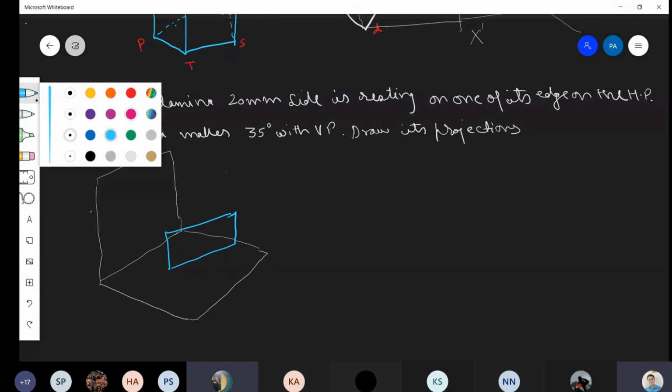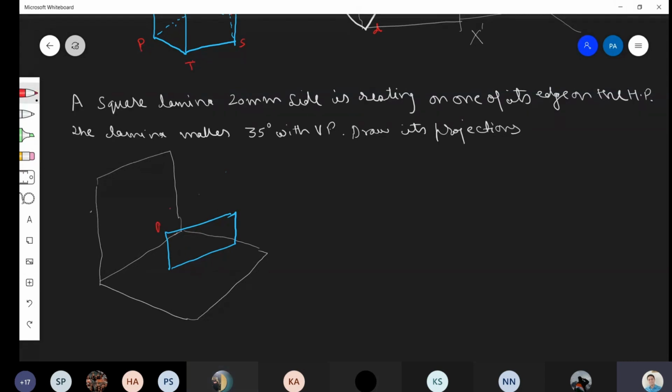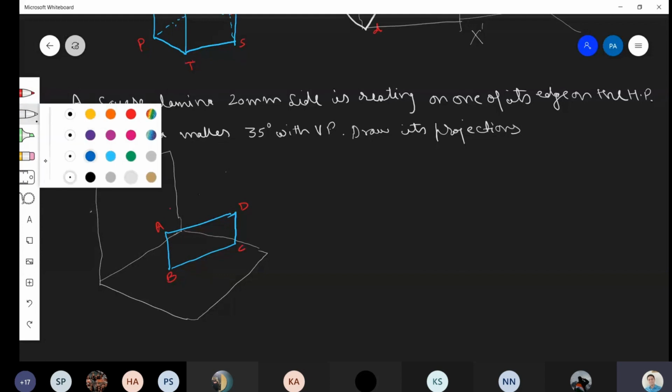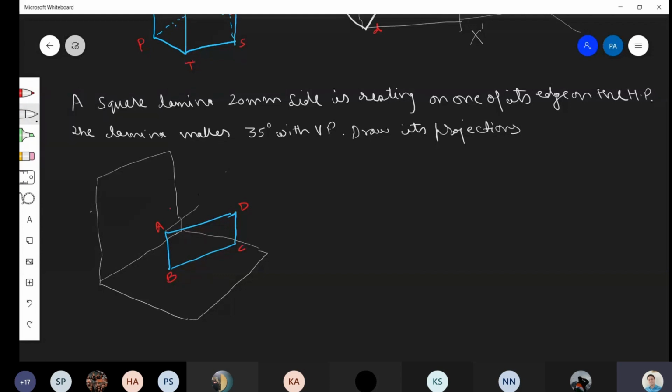Let us name it, since the name is not given in the question, like this: A, B, C, D. And you can see the angle that it is making with XY line or with VP is how much? 35-degree. Okay, is the question clear to all of you? And the solution that I have drawn, is it clear to all of you? Yes, sir.